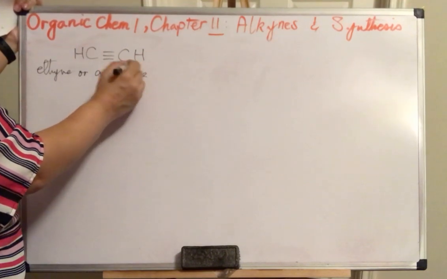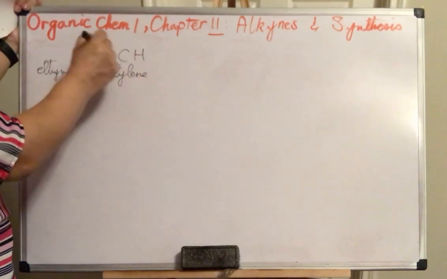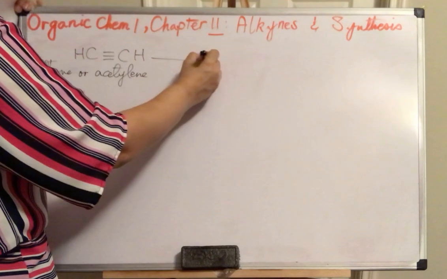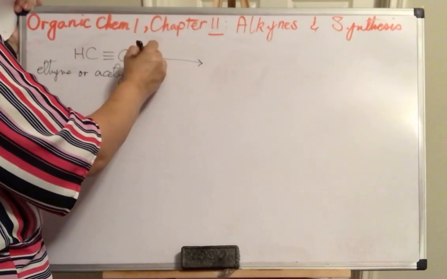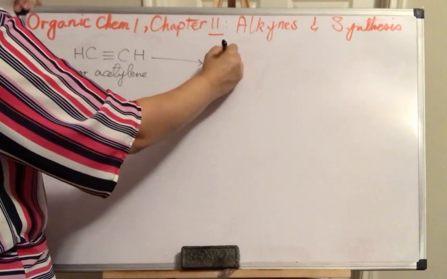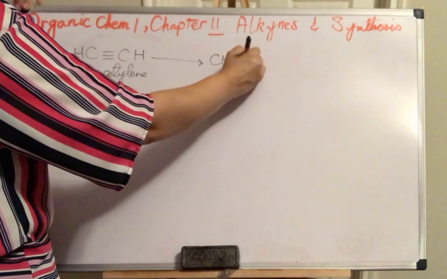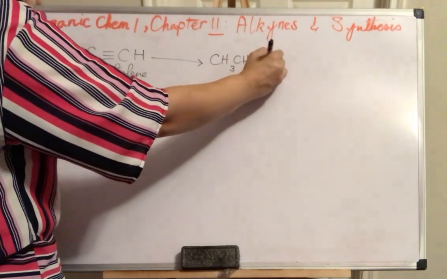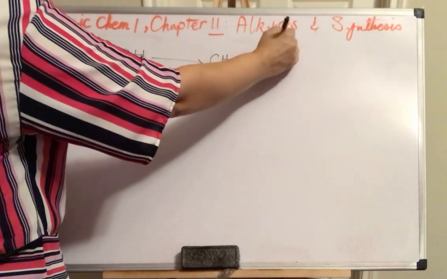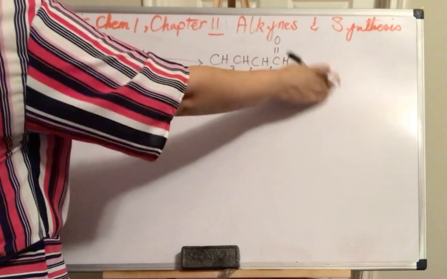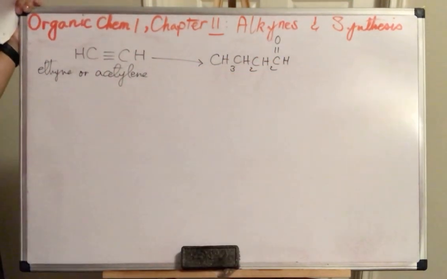Although the ending is ENE, it's the common name for an alkyne. We are going to form butanal. Butanal is an aldehyde, CH3, CH2, CH2, COH. You will learn more about aldehydes in organic 2.